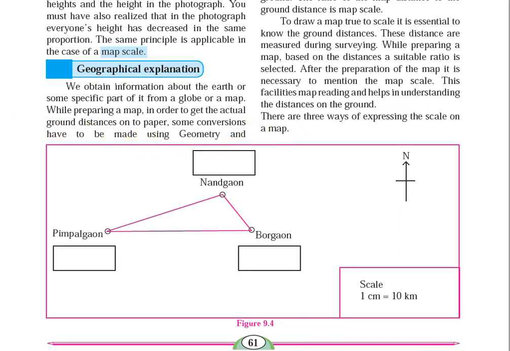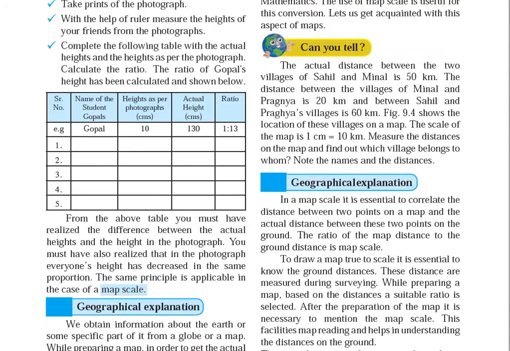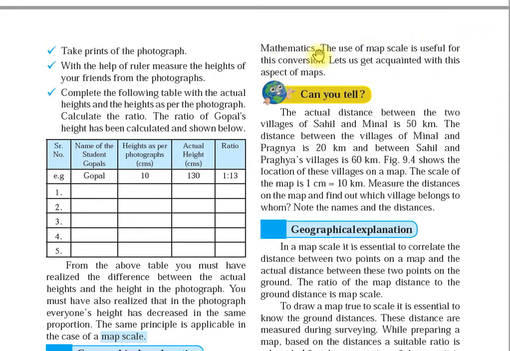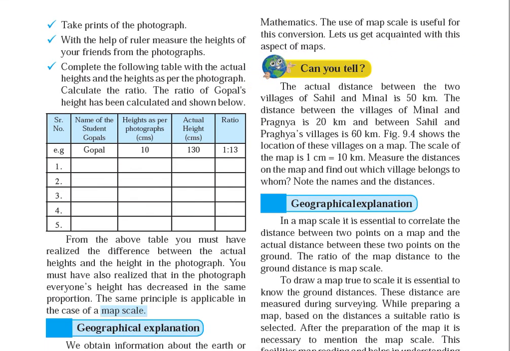So we have to take help of geometry or mathematics to take a proper measurement. The use of map scale is useful for this conversion. Let us get acquainted with these aspects of the map.